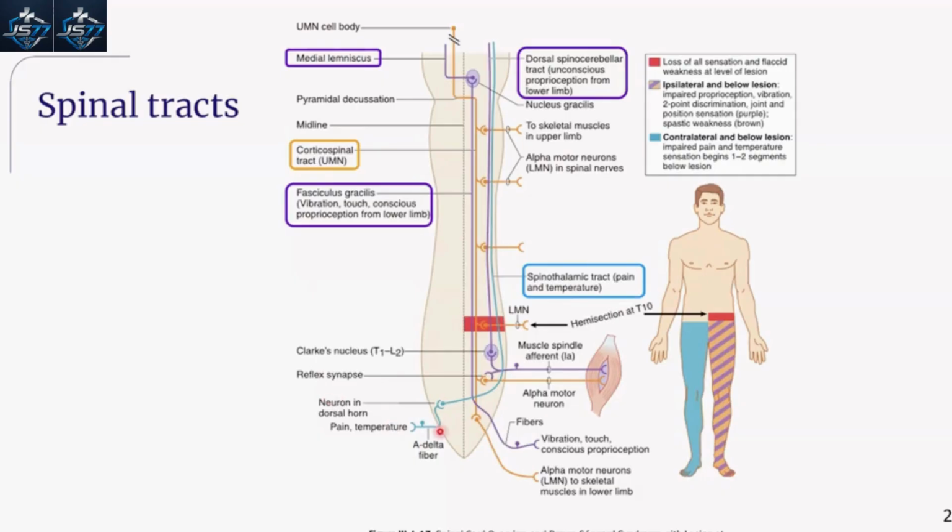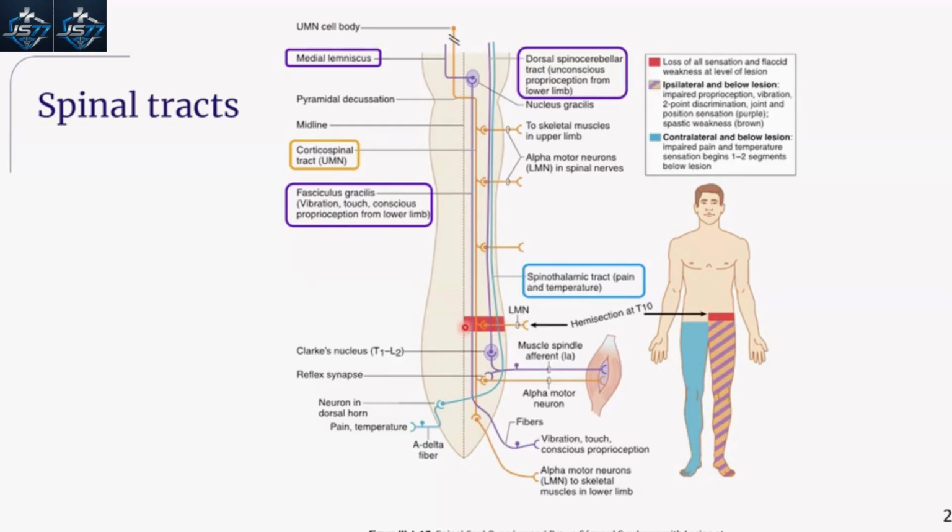So even this spinothalamic tract that goes into the spinal cord and decussates immediately, there are going to be some fibers over here from the left side of the patient as well, right? Those ones ipsilaterally are going to be deficient because this is where they go into the spinal cord and there's a lesion here.